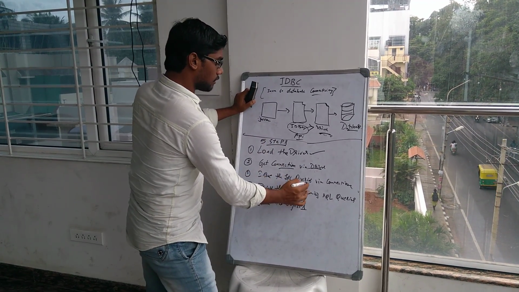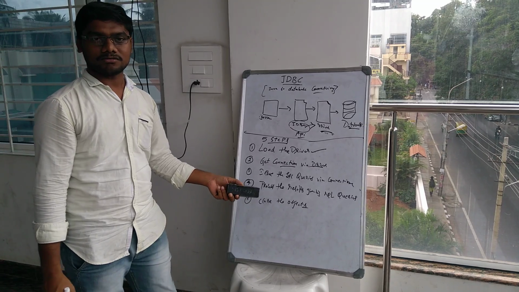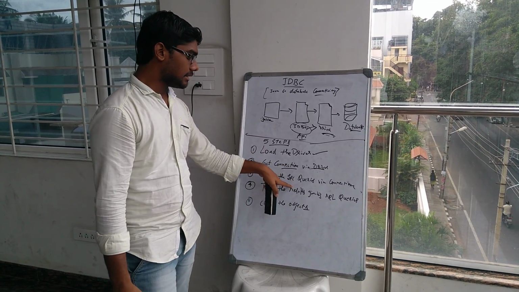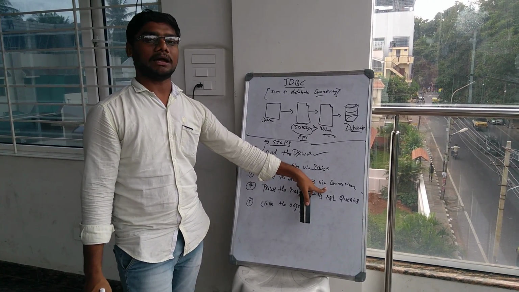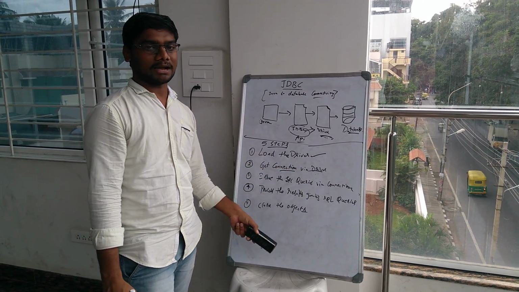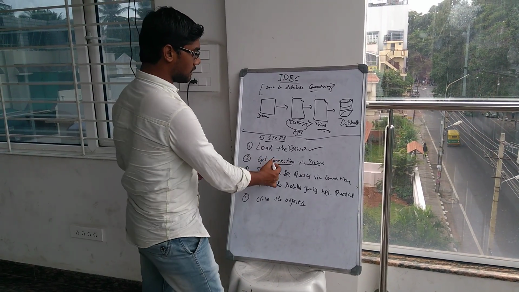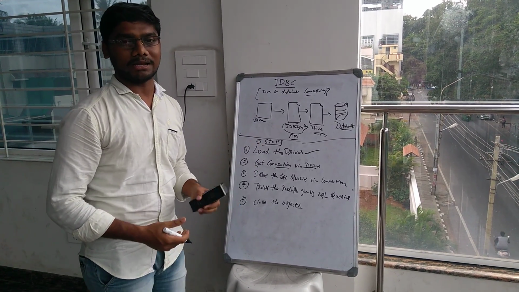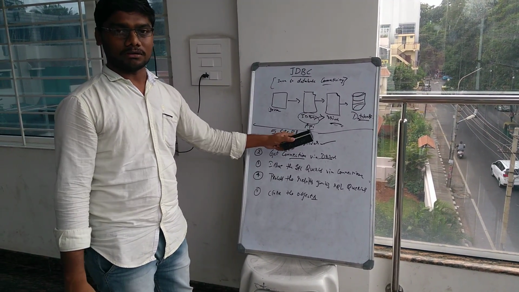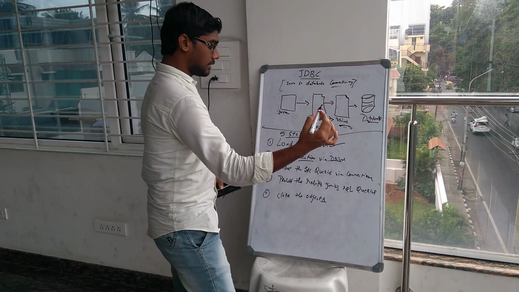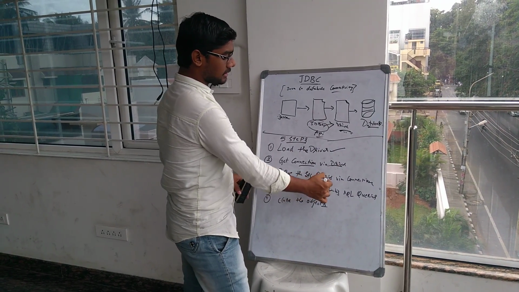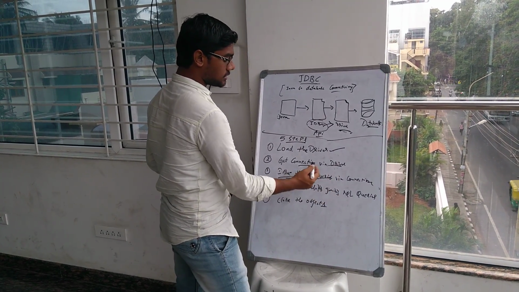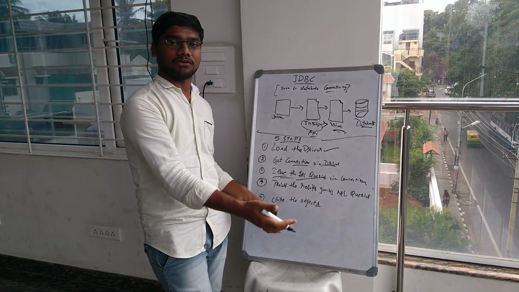Next come the SQL queries. The database understands only the SQL query language. So whatever we have written in the Java file should be converted into SQL query language, in string format. We need to issue these queries through the connection in string format.